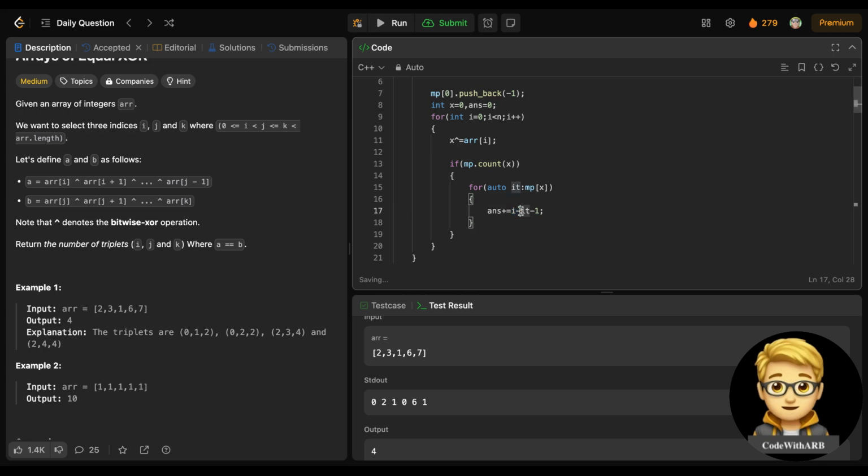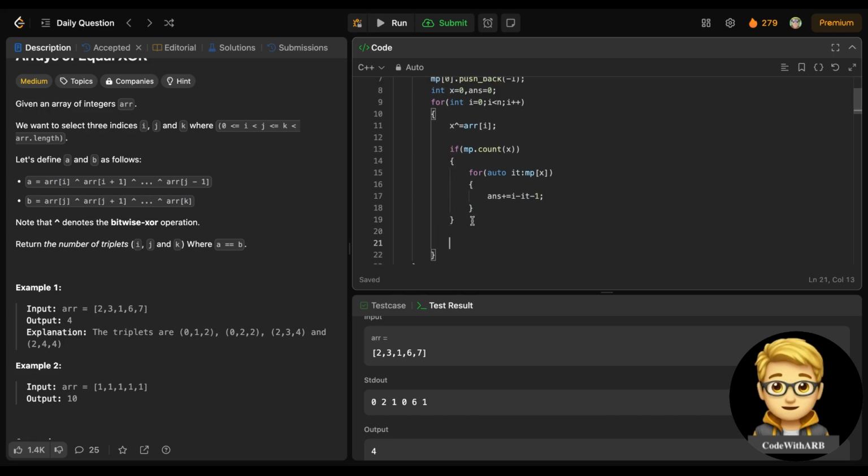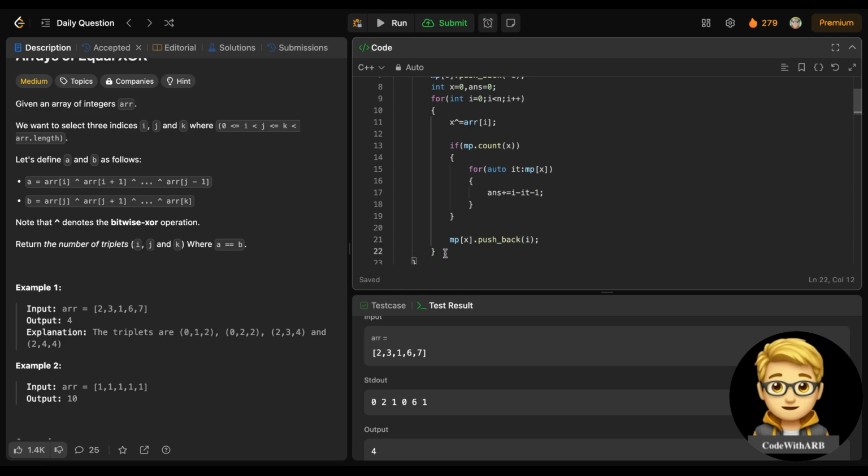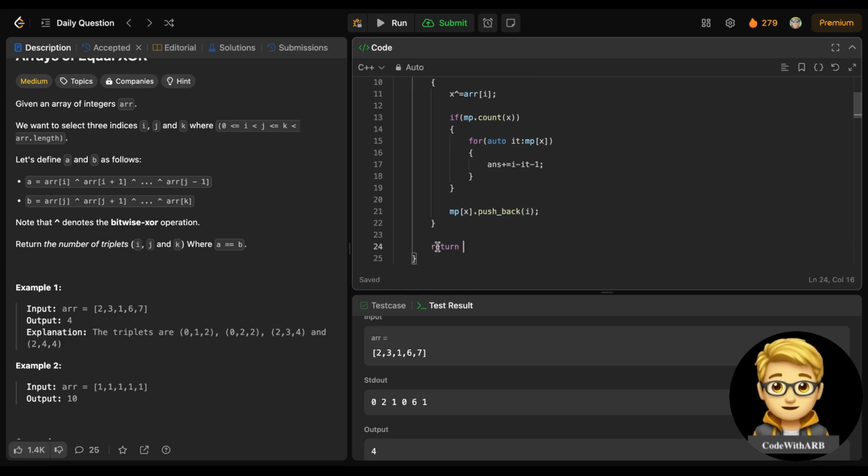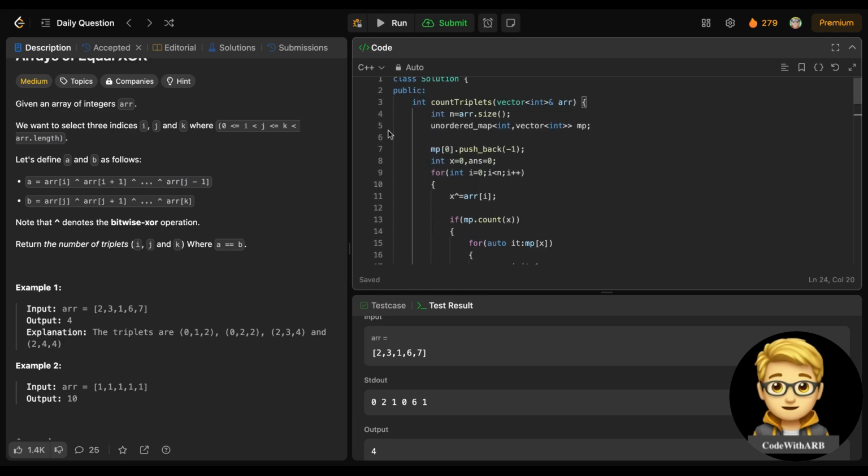This I minus it would neglect this it, and this I minus 1 will neglect this I. So that will generate only the numbers in between. After that, we will also include this x value and store its indices in my answer for further implications, and return the answer, right? So this is how we will solve this.